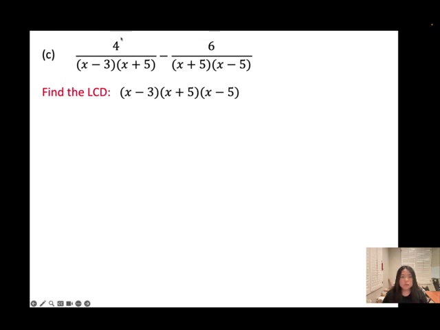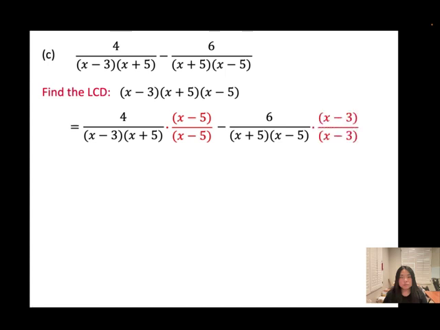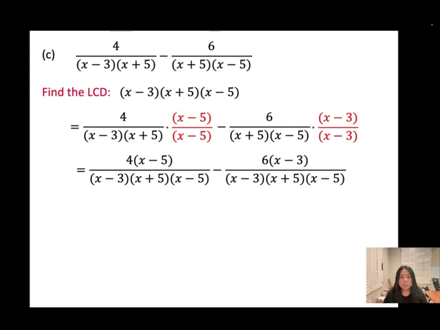Now, the first guy here, you want to multiply x minus 5 to the numerator and the denominator. And this guy, you need to multiply x minus 3 here, x minus 3 here.